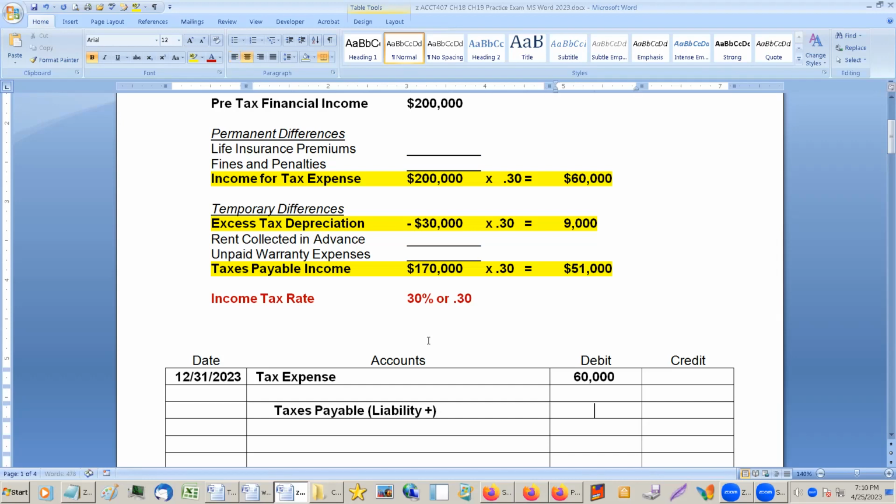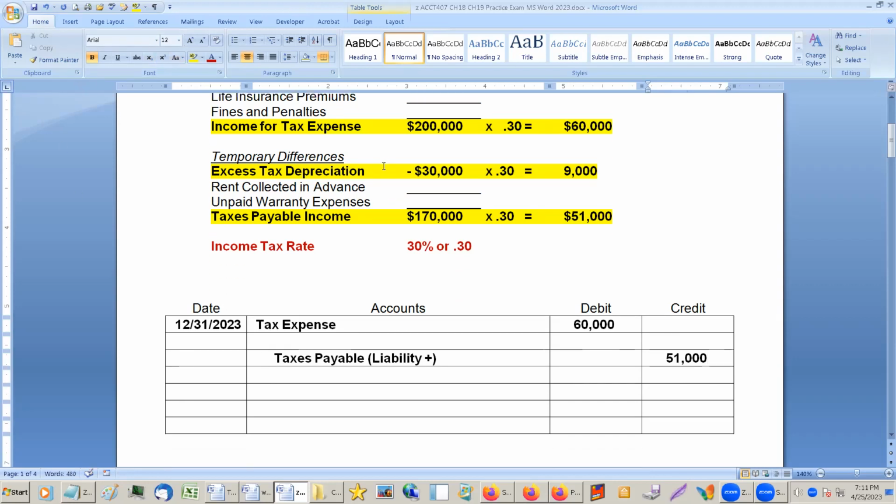So in other words, what you're going to write the check for this current year is 51,000. Okay. This deferred taxes, is this going to be a deferred tax asset or a deferred tax liability?